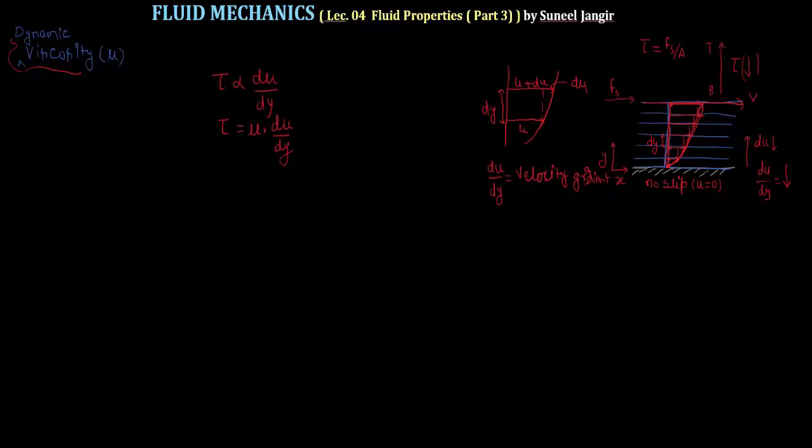Alright, so we can say that mu, or viscosity, is the internal frictional resisting force between the fluid layers.